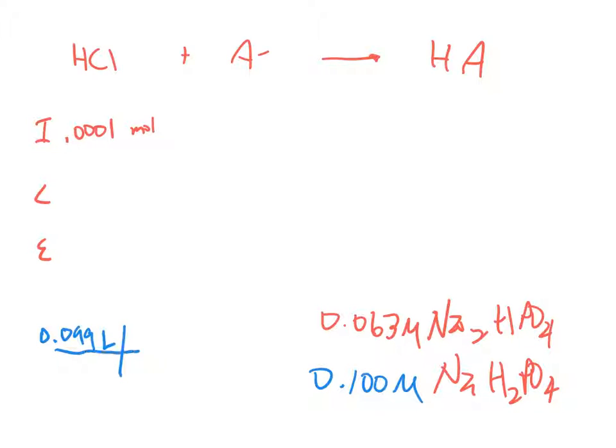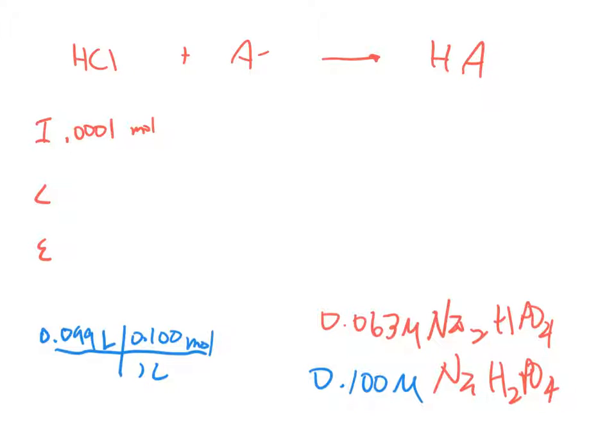I'm going to do that for the one in darker color since I forgot to change my colors. I'm going to do it first. So that's 0.100 moles per liter. And that dark one, is this one the HA form or the A- form?